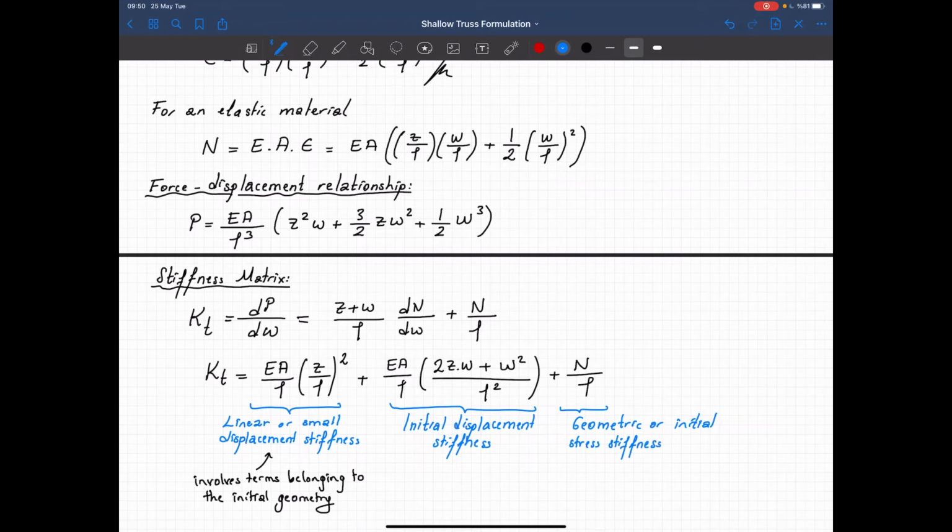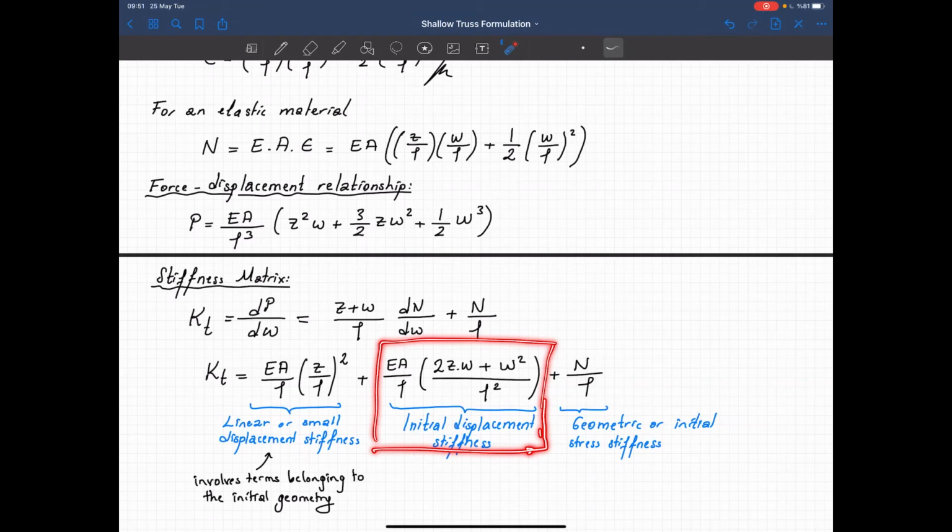So basically, when we look at the tangent stiffness in a geometric nonlinear analysis, we see three terms. One of them is the elastic linear part, the part that doesn't involve any geometric nonlinearity. You use the undeformed geometry and derive the stiffness coefficient. The second part of the stiffness matrix involves the effect of nodal displacements.